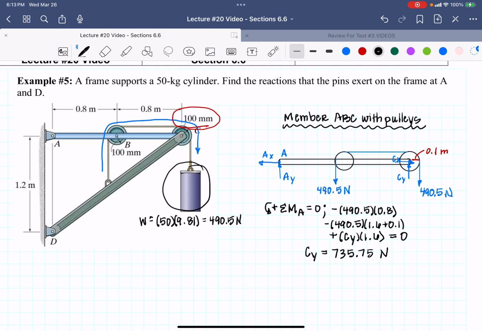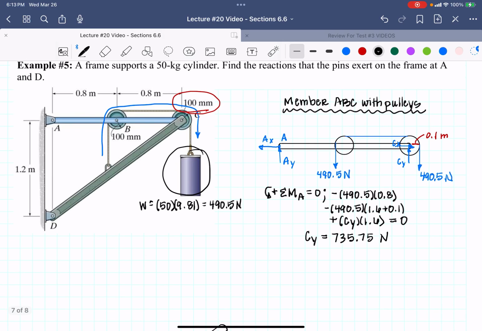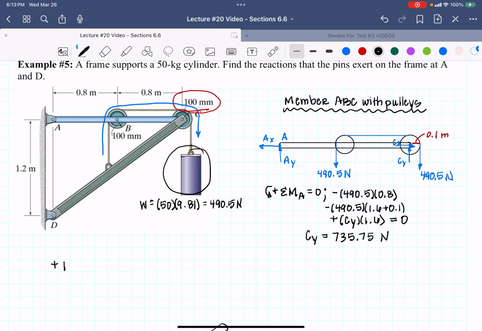Now I can sum the forces in the y direction and get A of y. I assumed A of y going up. I have negative 490.5 going down. And I have a C of y going up, so that's positive 735.75.